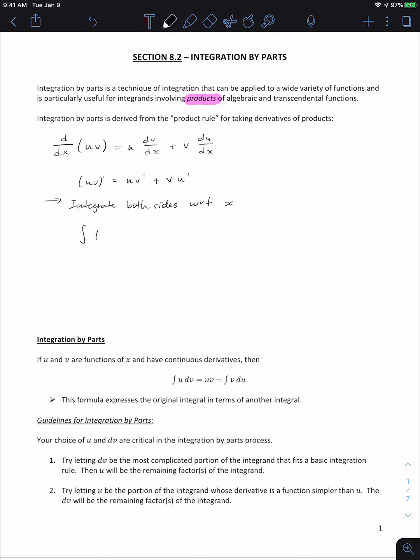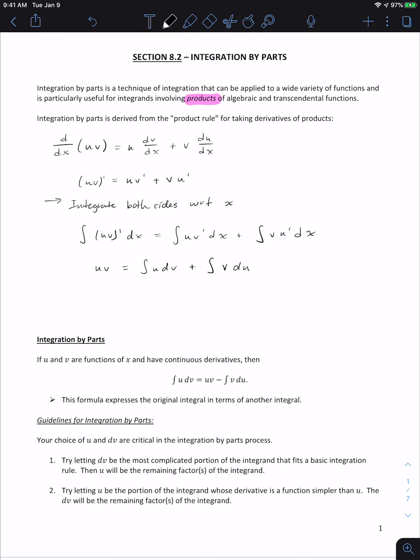So I get this, right, which gives me uv equals the integral of u dv plus the integral of v du, right?